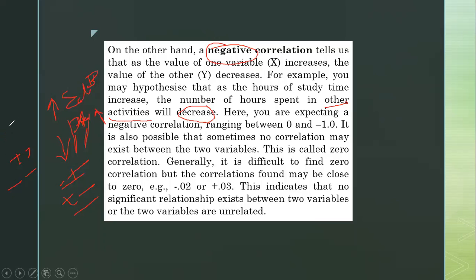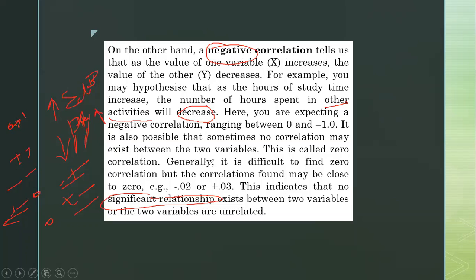So here the value is between 0 to 1. Now it is -1 to 0. So the higher the negative value, the stronger the significant relationship, that is negative correlation. And when it is close to 0, there is no relationship between the values.